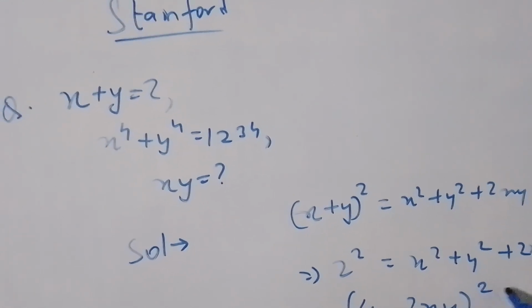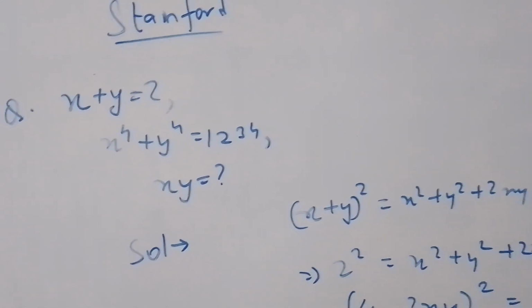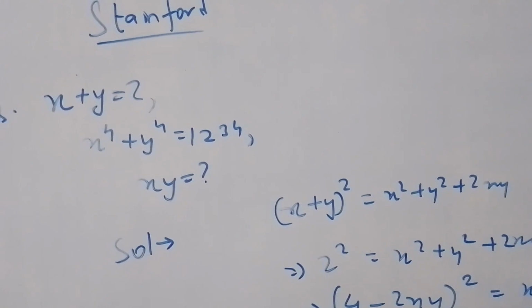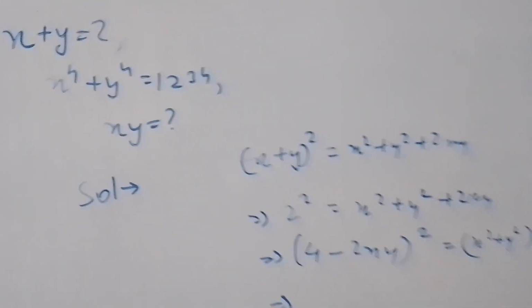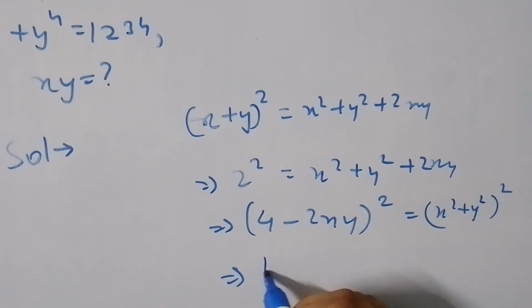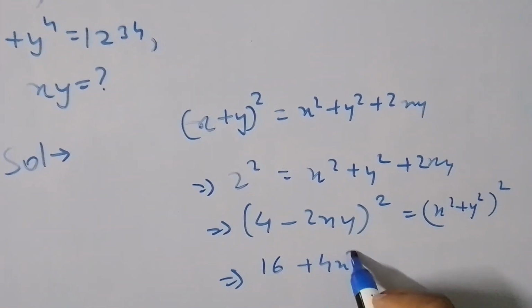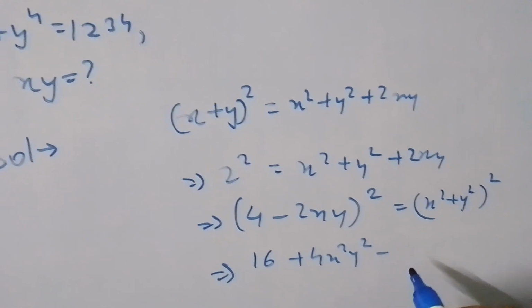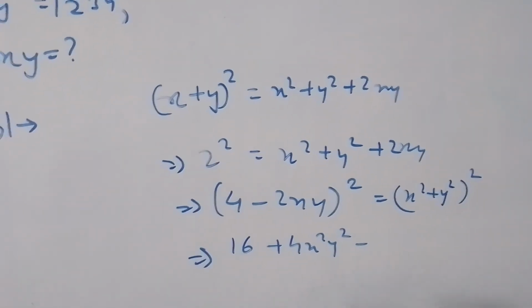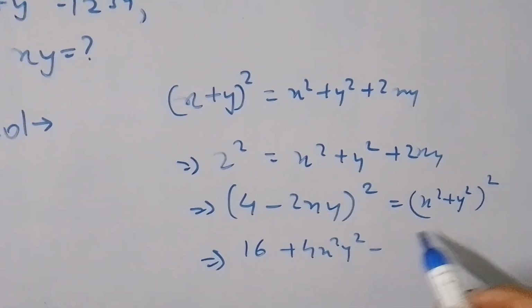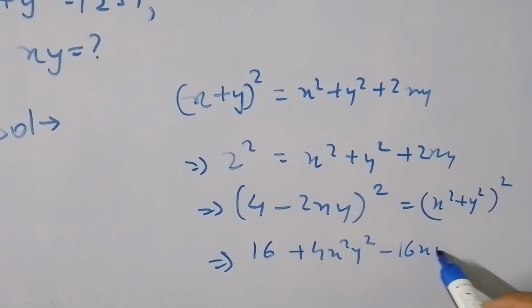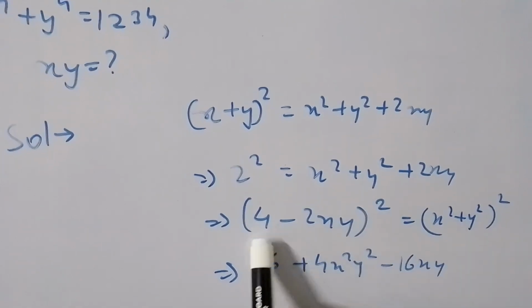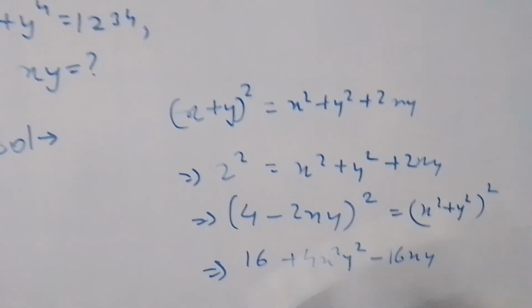If we then also square both sides, we would get 16 plus 4x square y square minus 16xy, right? 4 times 2 times 2, so 16.